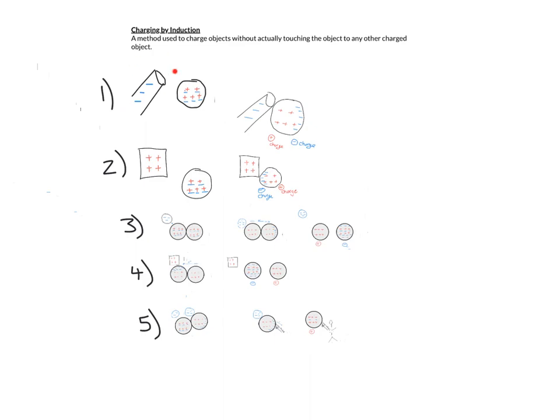So this charged object never touches this neutral object. You will notice that our neutral objects start out touching each other, and then we can elicit a charge by pulling them apart. But the charged objects never touch the neutral object.